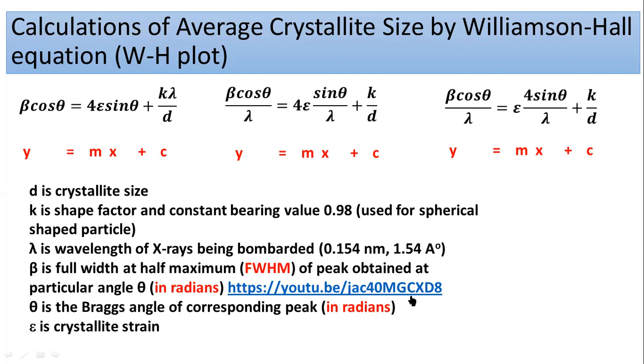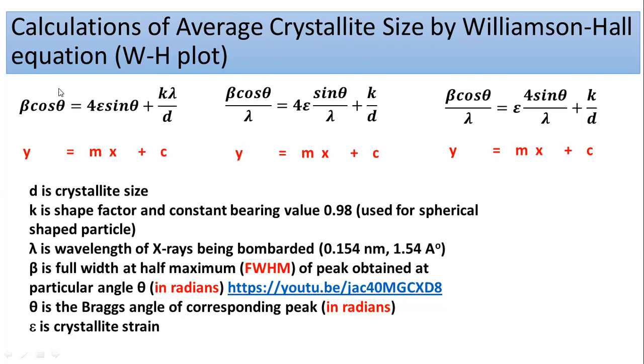Please watch this video again if you need any help for this type of understanding or the conversion. Again, this theta is the Bragg's angle of the corresponding peak at specific Miller indices, that means at specific HKL values, and this should also be in radians. And this epsilon is the strain. So all of these parameters I have explained over here.